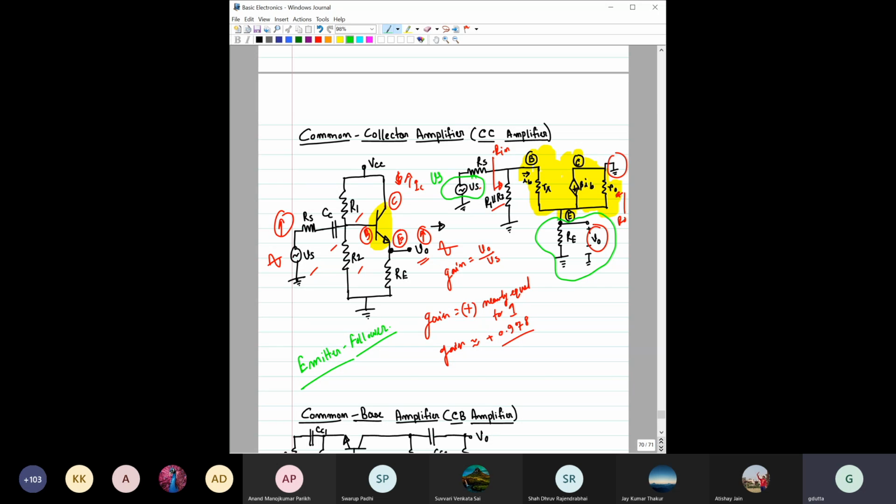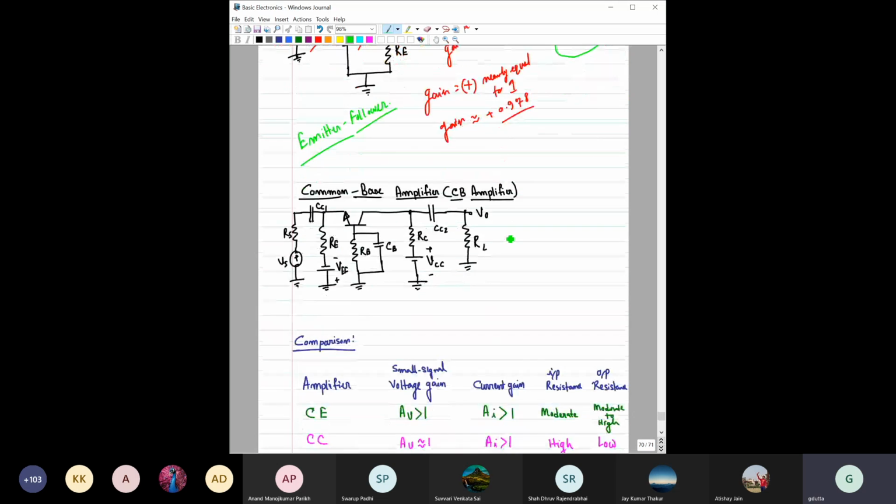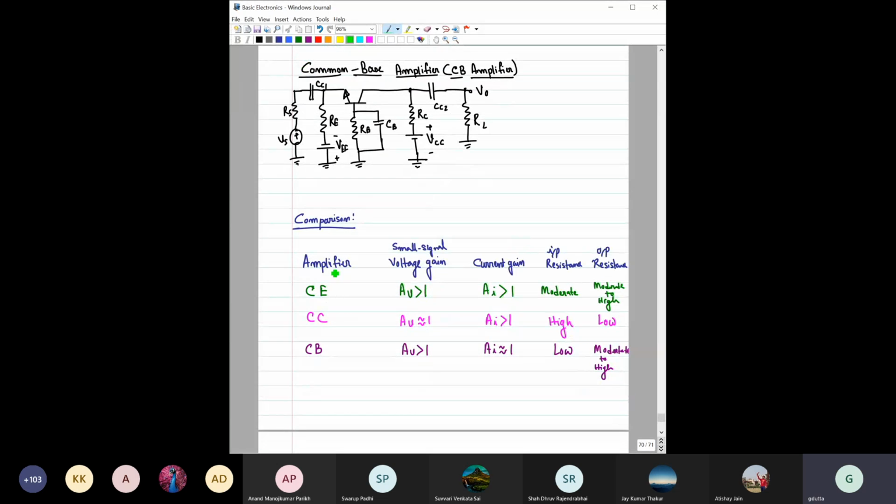If you calculate the input resistance, and finally we will do a comparison. I think I will show the comparison right now. See, this is common collector.